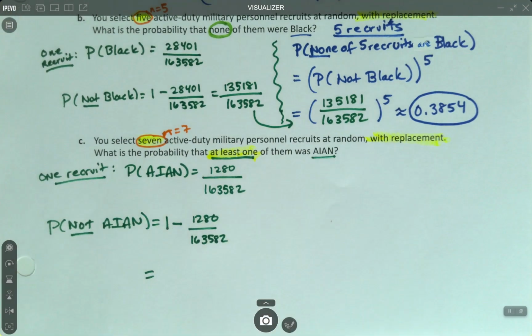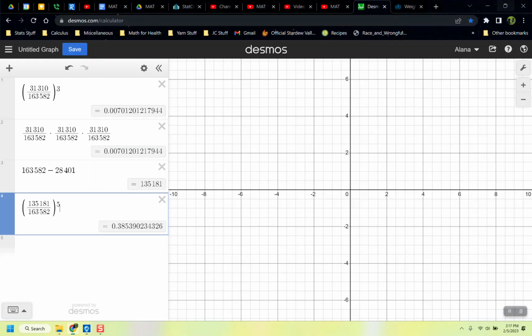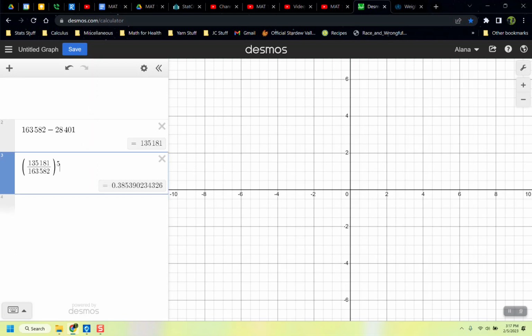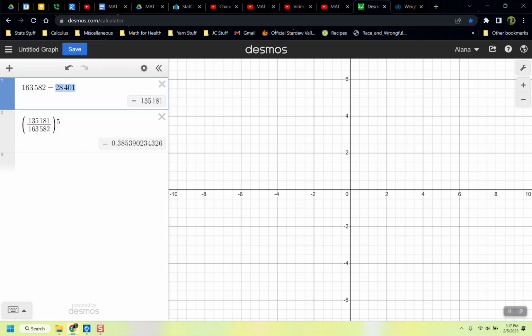which I've got a little bit of room down here. I'll find it. So let's get rid of this. All right, so out of the 163,582 recruits, I want all the ones that are not Alaskan Native or American Indian Alaskan Native. So 1280 away from that gives me 162,302.